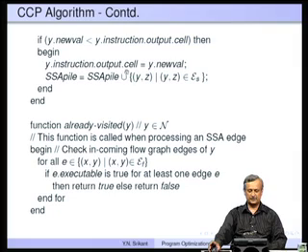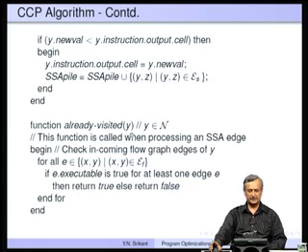So, take the new value as the output value, y.instruction.cell equal to y.newval, and add the outgoing SSA edges to the SSA pile, that is y comma z, where y comma z is in ES. All the edges going out of y are added to the SSA pile, because the value has changed now. If the value has not changed, there is nothing to do, you do not add any more edges to the SSA pile.